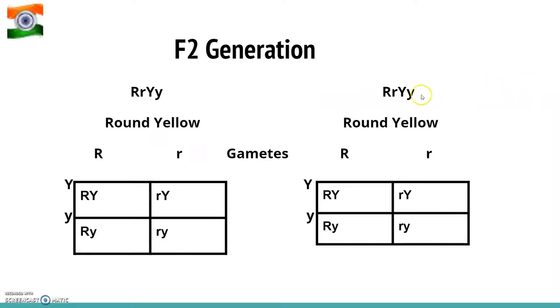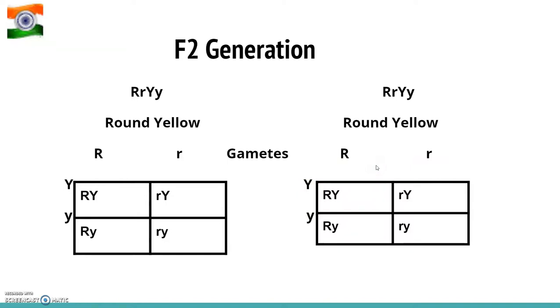So 50% of the gametes have the R gene, and 50% of the gametes have the small r. And now besides each gamete having either R or r, it should also have Y, capital Y, or small y. So these were also 50%, and their segregation is being done.